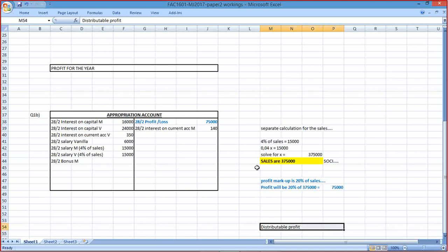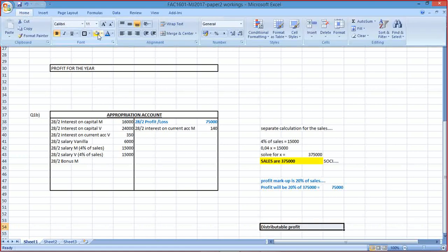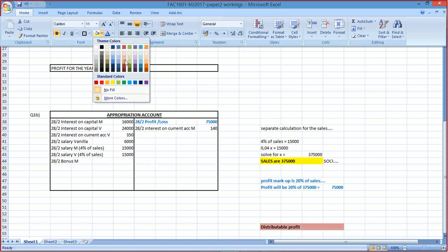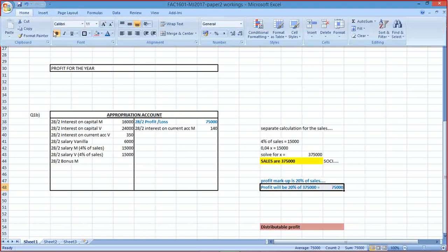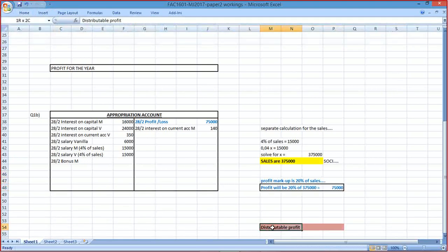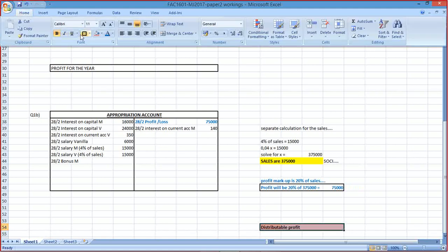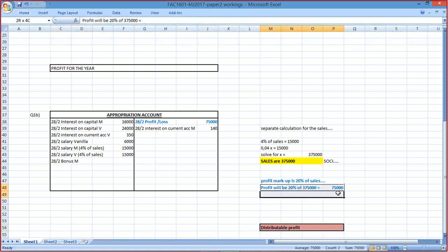The distributable profit is after the partnership has compensated the other line items first, before paying out the partners. So I need to get from profit, basically before distribution, to distribution.